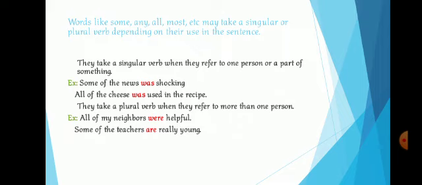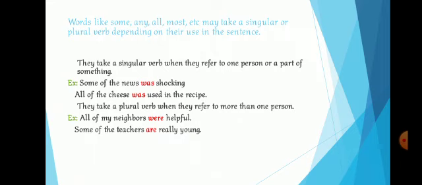Now if some comes in a sentence, just take some as a subject. There you can't directly judge whether a singular verb or plural verb will come. First you need to see whether that word some is talking about one person or a part of something. For example, see the first point: they take a singular verb when they refer to one person or a part of something.